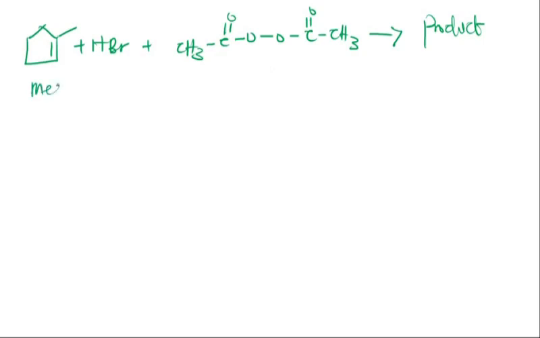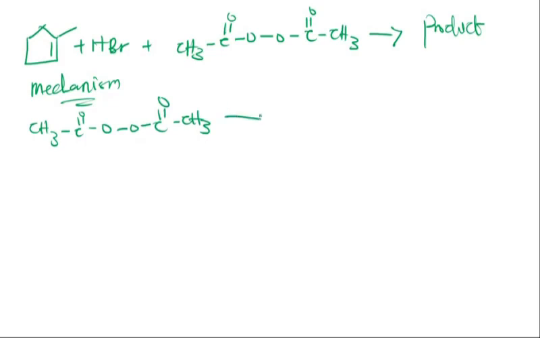So, mechanism. First of all, we know the peroxide over here, CH3, C double bond O, O, O, C double bond O, CH3, will undergo homolytic cleavage in the presence of heat. Don't forget this, in the presence of heat, to form the alkoxy radical. So in this case, we are going to have this CH3.